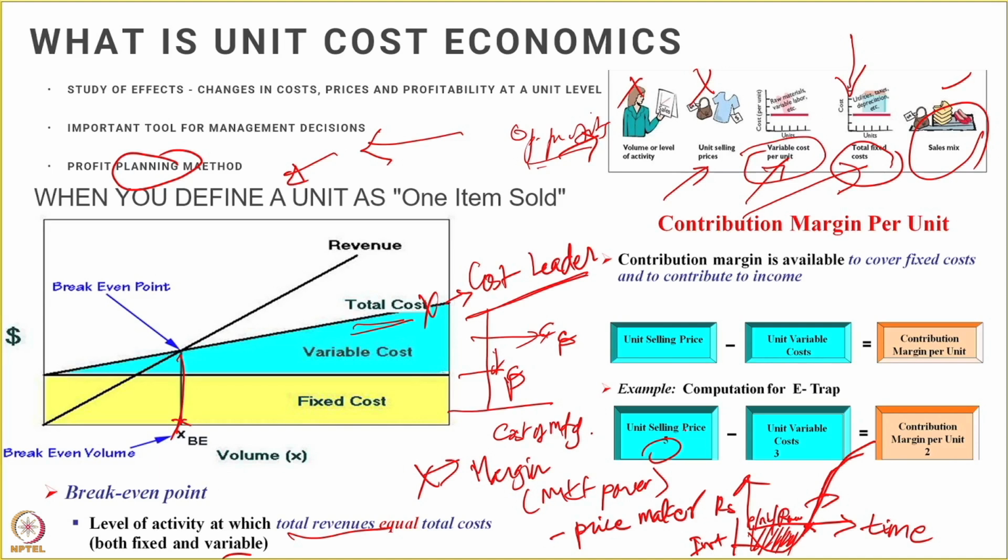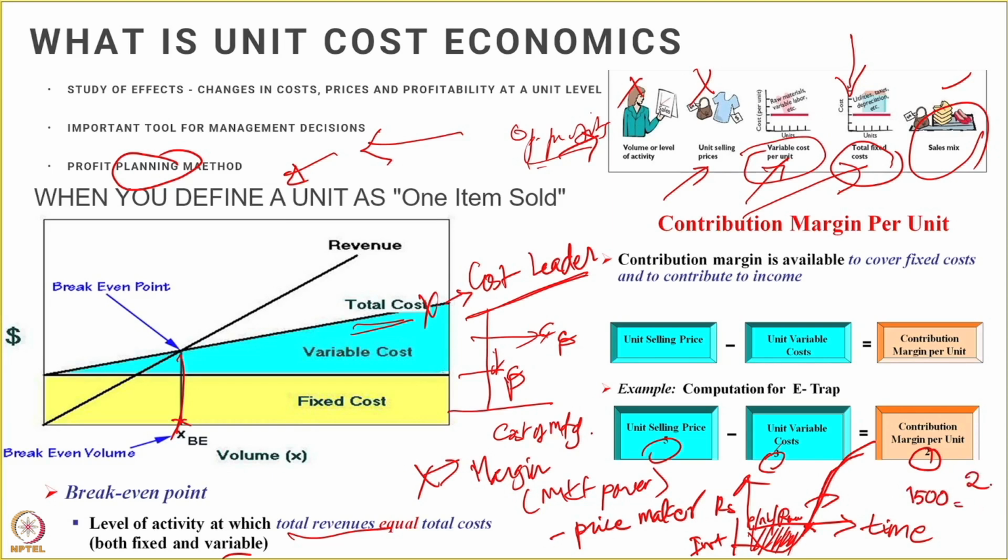For unit sales, in the earlier example of the e-mouse trap, we had taken the decision that the selling price of this mouse trap could be anything between 2 and 6 rupees. Suppose we chose 5 rupees. And for making each trap, the variable cost, the one that directly contributes to the production of the e-trap and remains constant for all the volumes of sales, is 3. Then you're making a contribution of 2 rupees per unit sold.